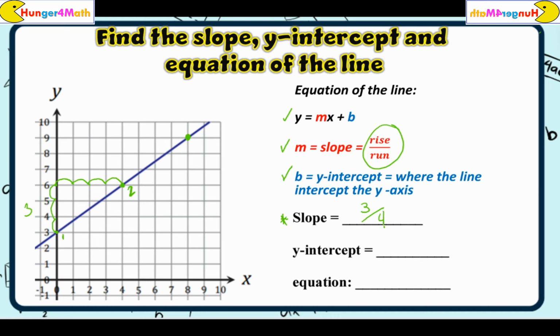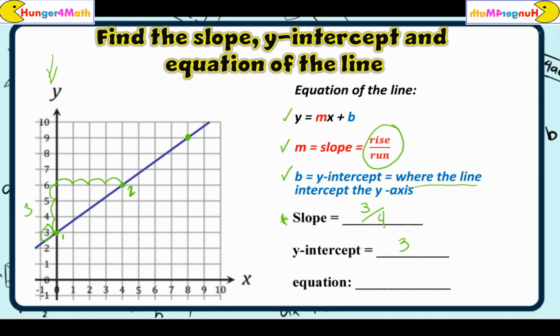For the y-intercept, it will be where the line intercepts the y-axis. Since this is your y-axis and this line intercepts this point right here, which is the 3, the y-intercept is 3.